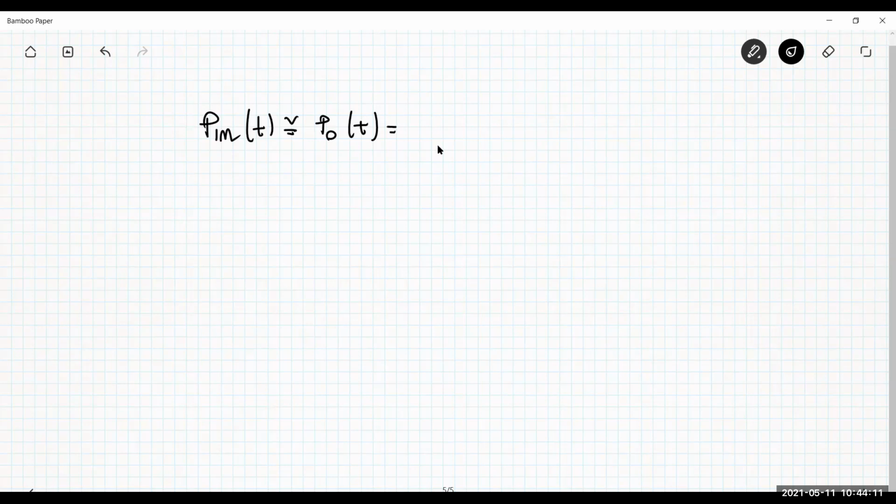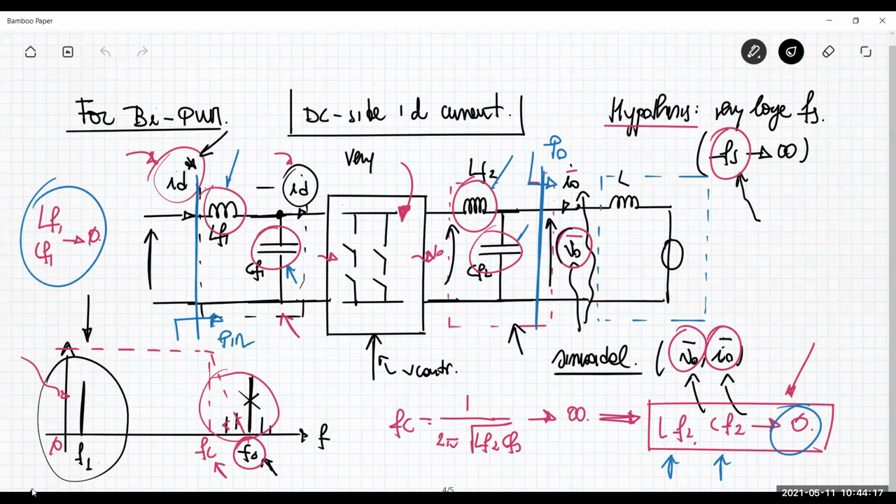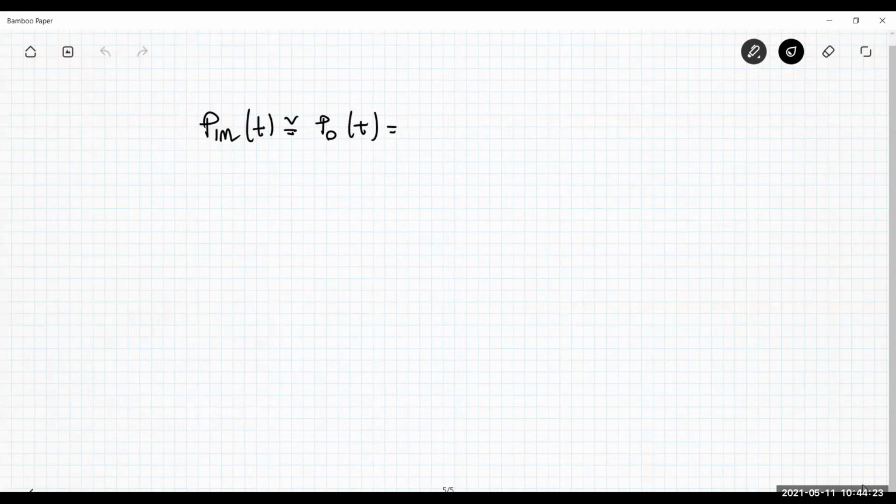P naught is the output power. So basically it is the product of these two quantities, the average expression of the output voltage and current. So it is V naught averaged multiplied by I naught averaged.